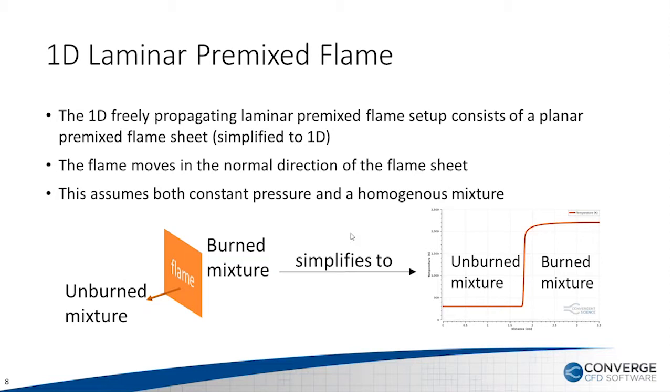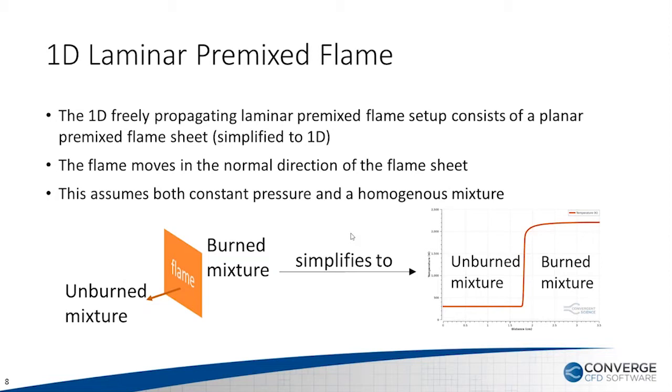Also, we assume the flame is planar and the moving velocity is normal to the flame sheet. In the domain, we also assume there is no pressure gradient. Also, there is no temperature gradient. So everything is premixed.